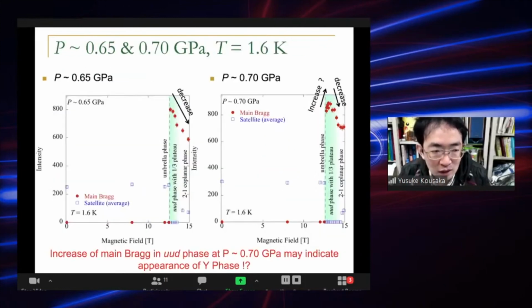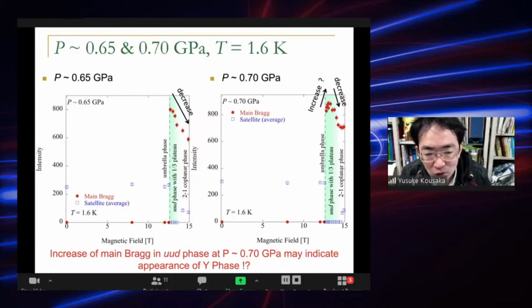But looking at the field dependence of the magnetic diffraction intensity, the behavior is a bit different between 0.65 GPa and 0.70 GPa. In the case of 0.65, when we change from umbrella to up-up-down, once we observe the peak around 1/3 Q, it monotonously decreases with increasing field.